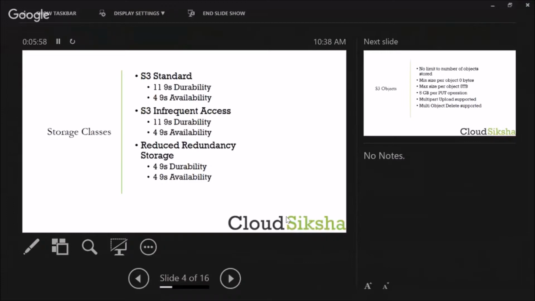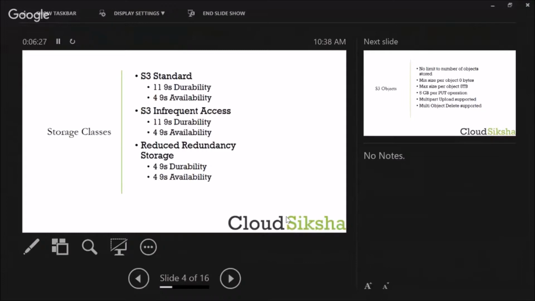That will make it cheaper, and even if you lose it, because it's only 4 nines durability, even if that is lost, you can regenerate that. Or if you have pictures, there are thumbnails of the pictures that you can store here. Or if you generate a report out from certain files, the core files could be in standard class and the generated report could be in reduced redundancy storage.